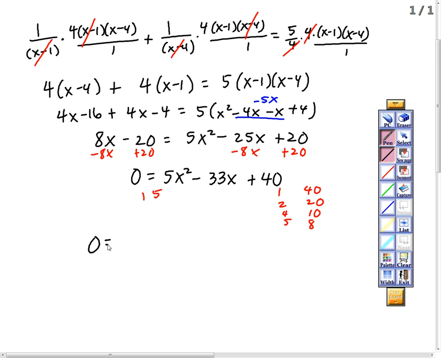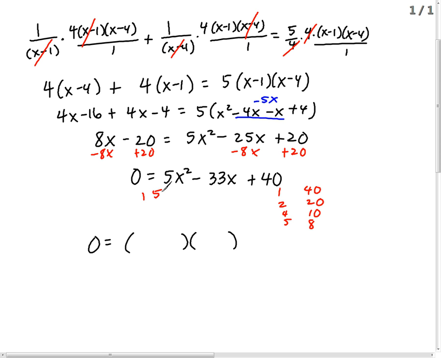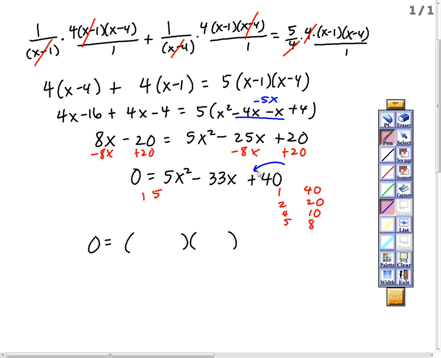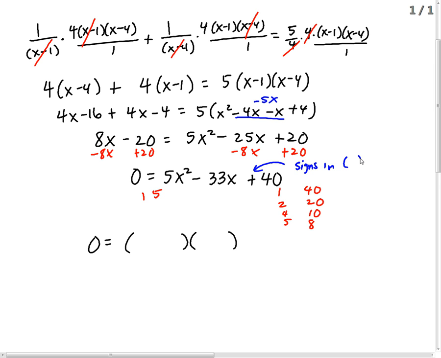So I get 0 equals something that adds up to 33. Remember, when you factor, you're going to take this pair with one of these pairs. If it adds up to negative 33, this plus right here, remember, is very special. It tells us signs in parentheses are the same.